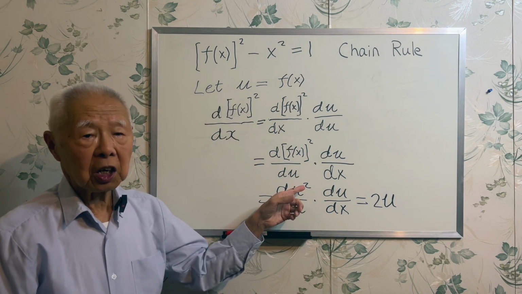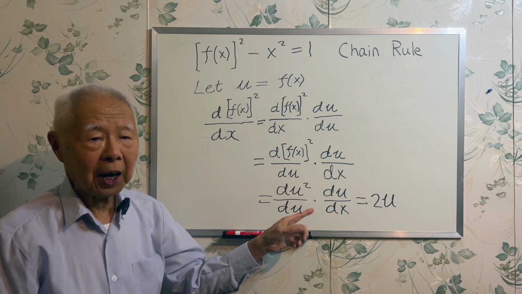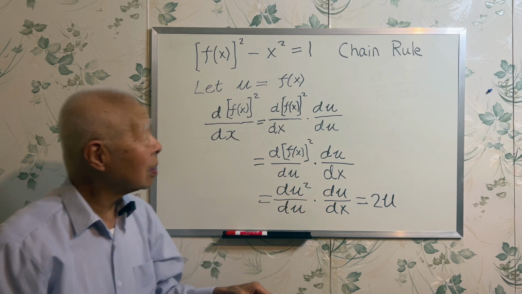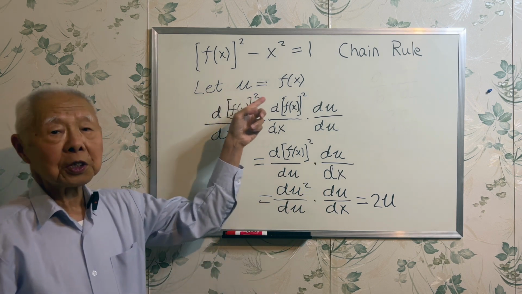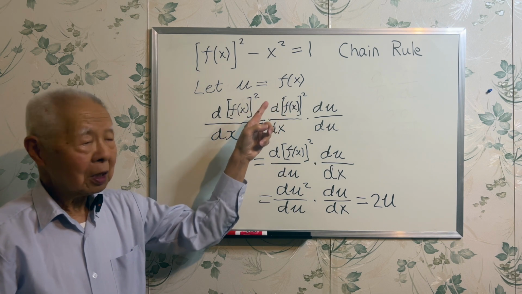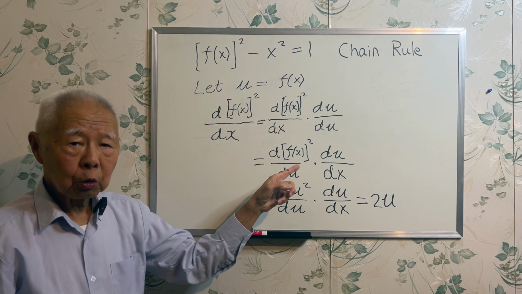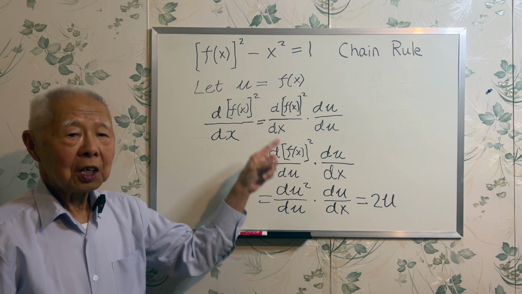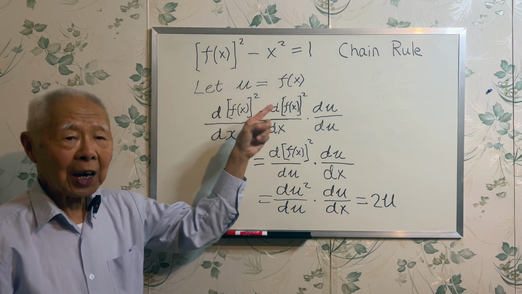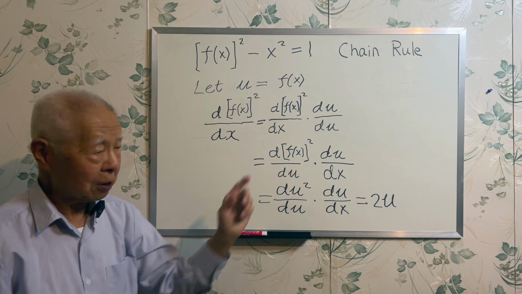What is the derivative of du by dx? U is f of x. The derivative of u with respect to x is the derivative of f of x with respect to x.